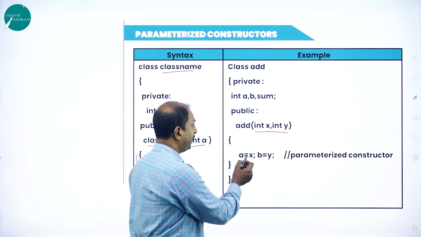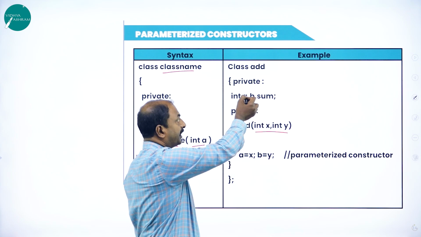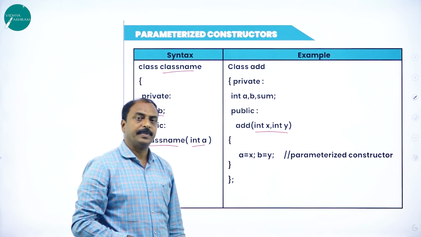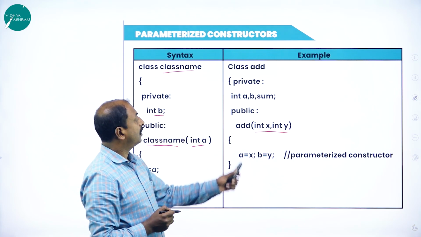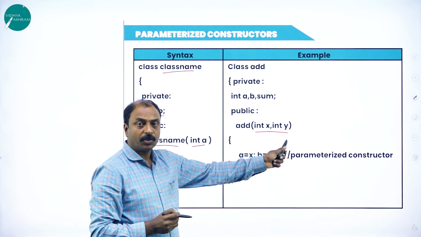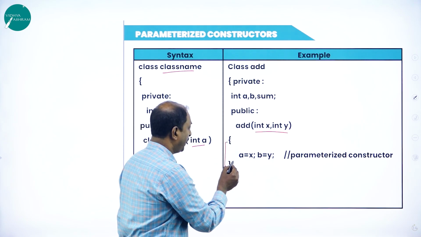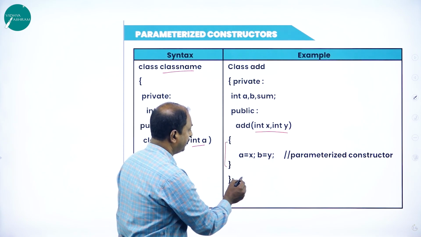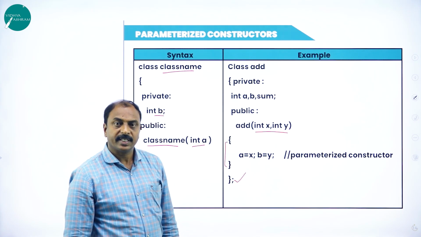Inside that we are assigning x and y to the variables declared under the private access specifier. So this is the parameterized constructor, or constructor with arguments. Now we close the constructor here and close the class here. So this is an example of a parameterized constructor.